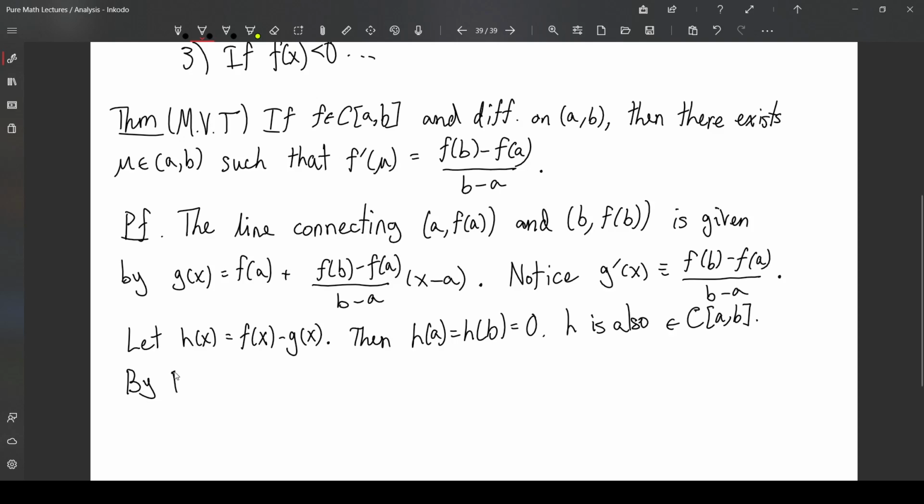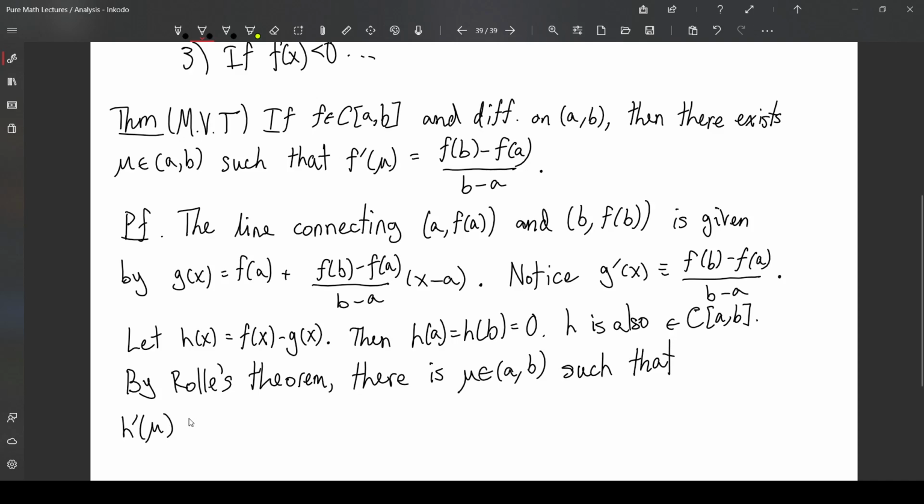So by Rolle's theorem, there is some mu in the open interval AB such that the derivative of h at mu equals 0, but the derivative of h is equal to the derivative of f minus the derivative of g, right?